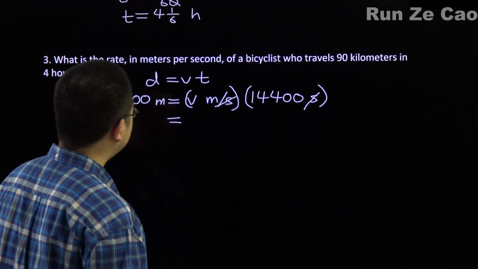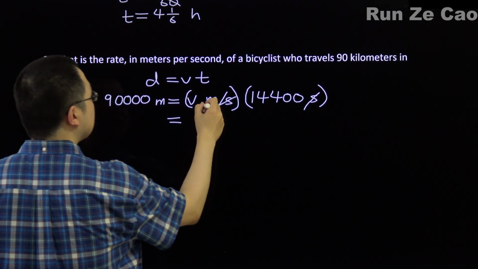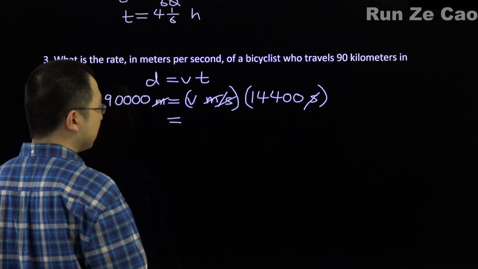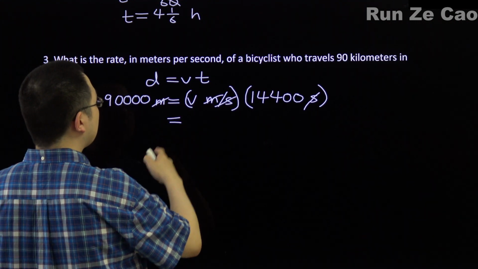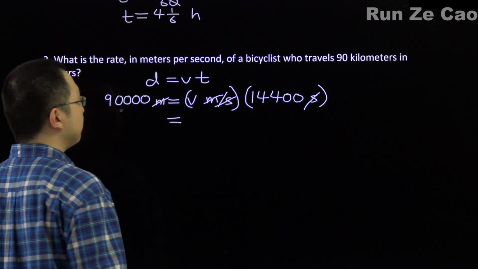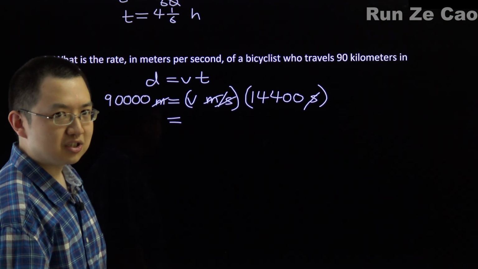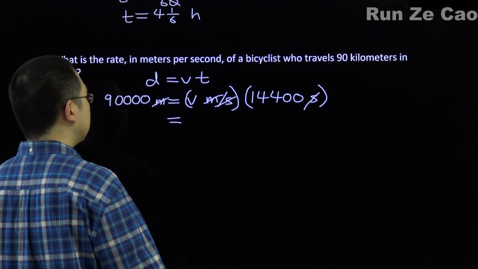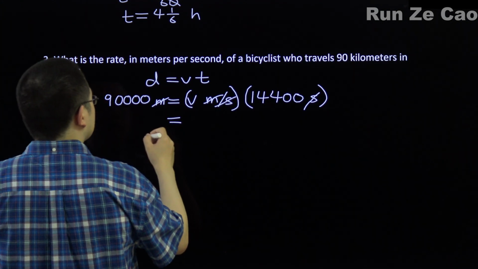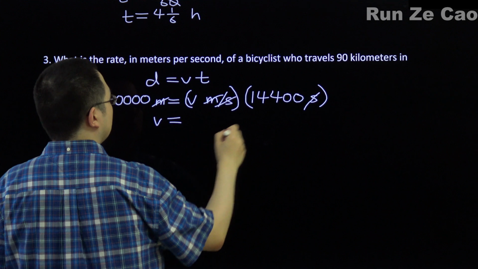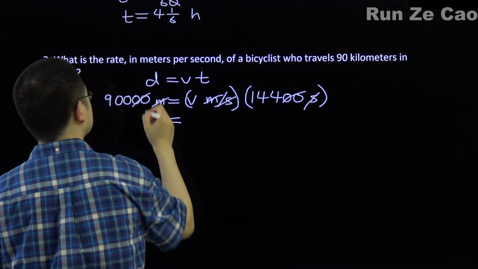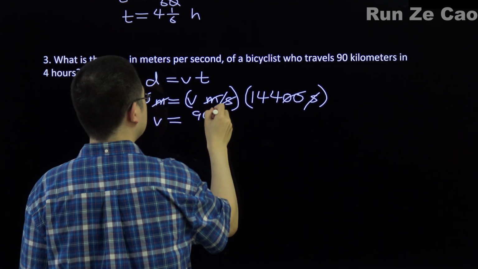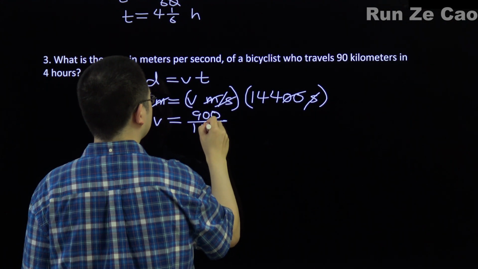So we end up, the meters, we can also divide both sides by meters to get rid of that. So our v is just going to end up being unitless. It'll just be a number. So v is equal to, we can also cancel the 0, so 900 over 144.